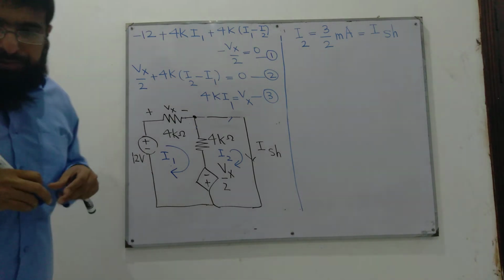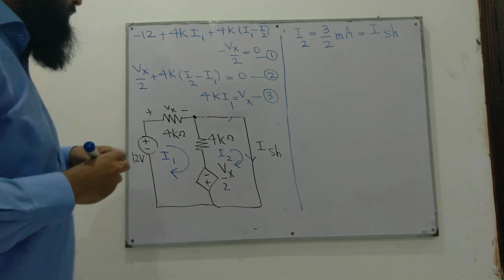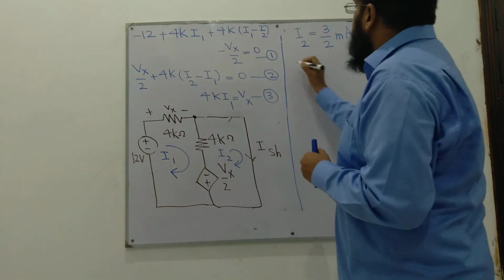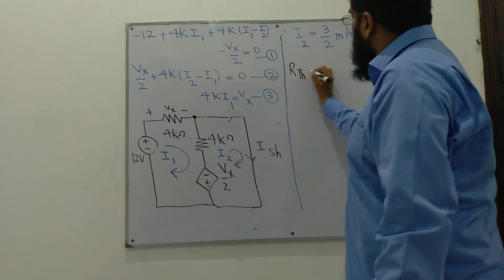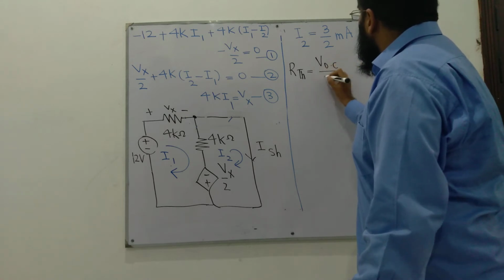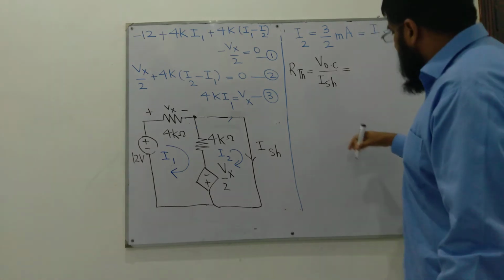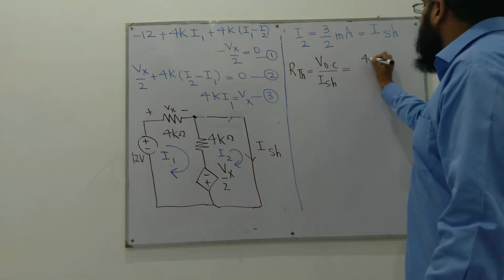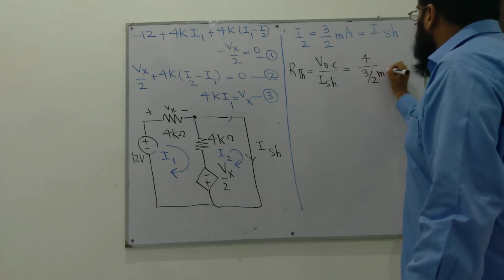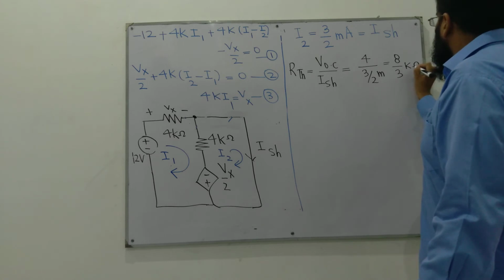We write it as I short. Then our R Thevenin is computed as V open circuit over I short circuit. We computed V open circuit to be 4 volts, over I short circuit, which is 3 by 2 milliamperes. So this is 8 by 3 kilo ohms.